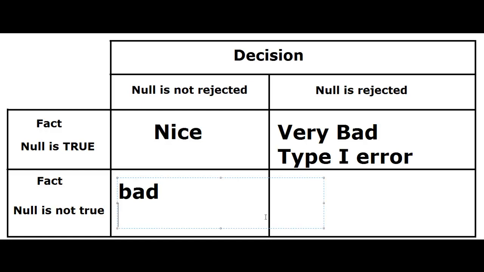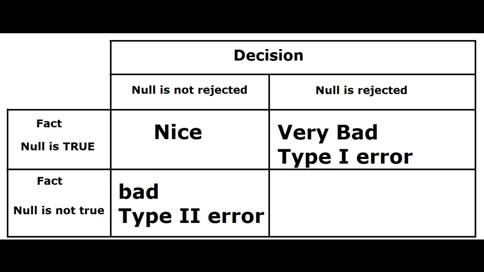This error is called a type 2 error. Now we look at the situation where the null is not true and it is rejected, or we were successful in rejecting a false null. That's a good decision.